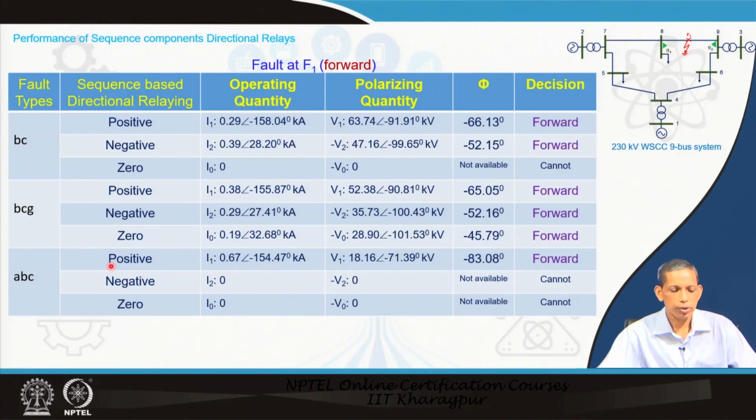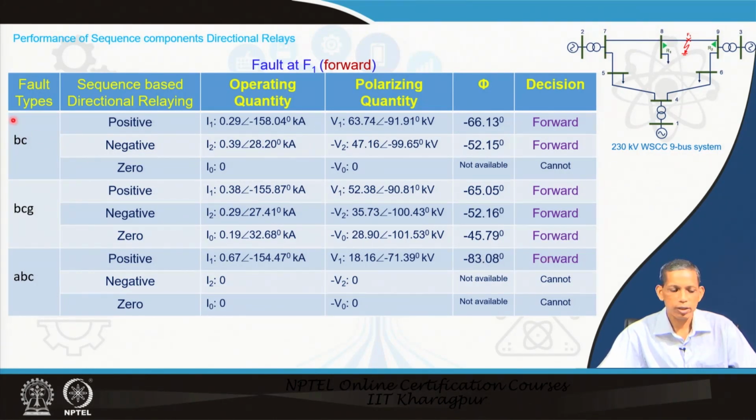Now, in case of the ABC fault, only the positive sequence is available. The negative sequence and zero sequence cannot respond to such a situation. For the positive sequence case the angle comes out to be minus 83.08 degrees, and this large angle is because of no RF, the angle of the transmission system and so the transmission impedance. So, this is a forward fault.